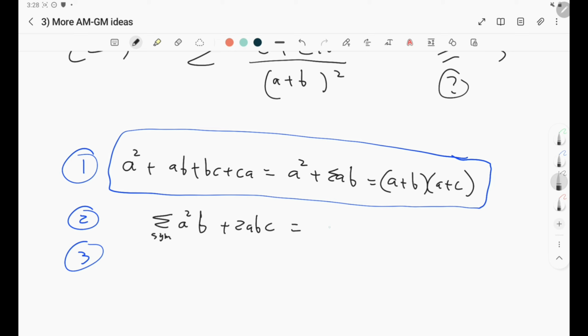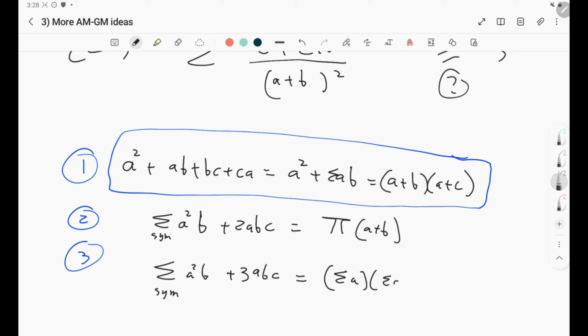In fact, it is just the product of (a+b), so it's (a+b) times (b+c) times (c+a). Also, you should know that sigma symmetric a squared b plus, guess what, it's the same thing, abc, however, it's 3. You really need to be careful not to mix between these. You can also factorize this, and it's actually sigma a times sigma ab.